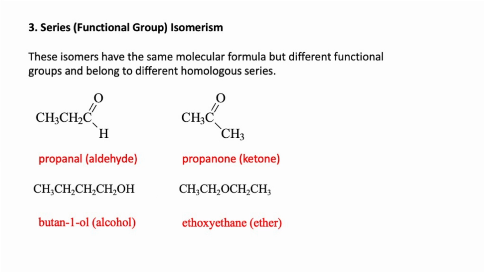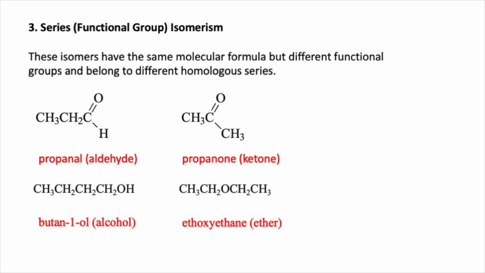Now, a second example of series isomerism is shown on this slide, and that exists between alcohols and ethers. So if we have a molecular formula C4H10O, one possible structure for that molecular formula would be butanol, and that would be an alcohol.